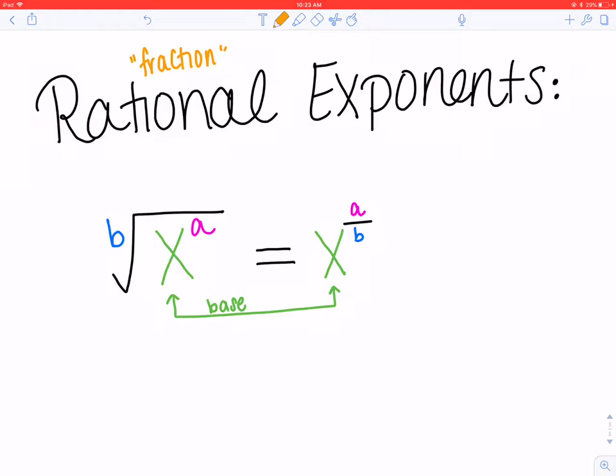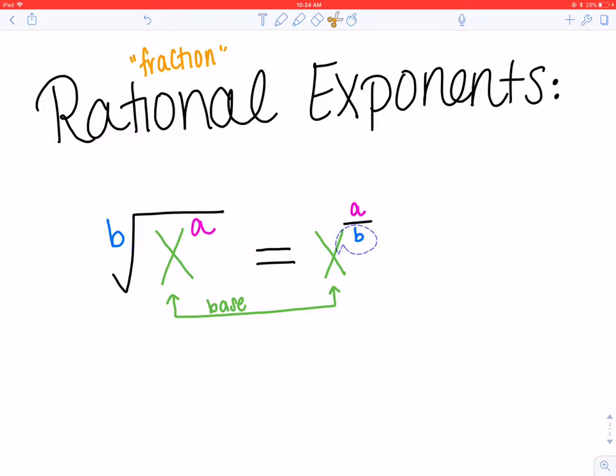The thing that you may have to do first, though, is convert from radicals, things that look like this, to rational exponents. And the way you're going to do that is through this property right here. This property says that if you have some kind of root of x to a power, so the square root, the cubed root, you can convert it by the exponent inside going on top and the exponent outside going on the bottom.